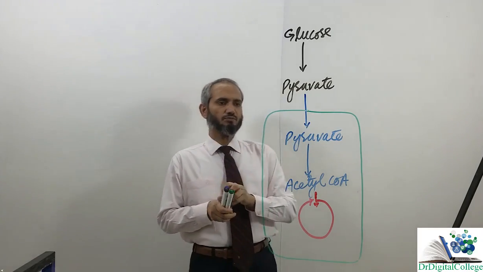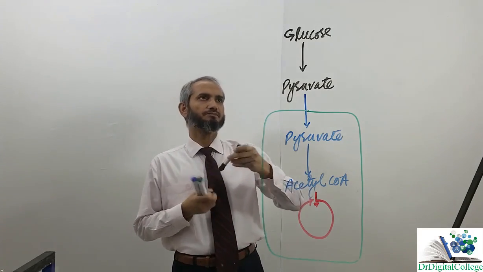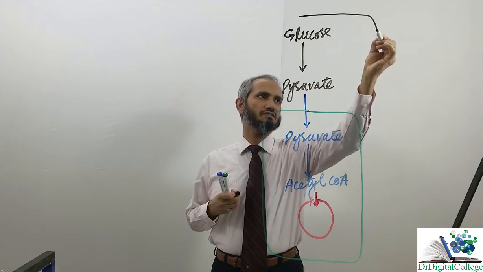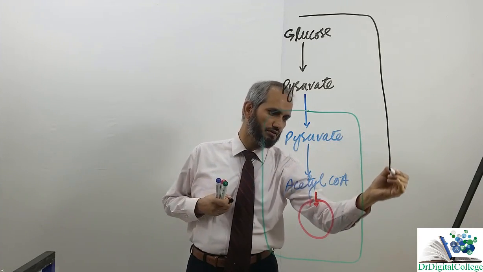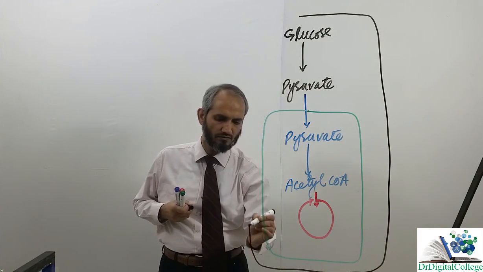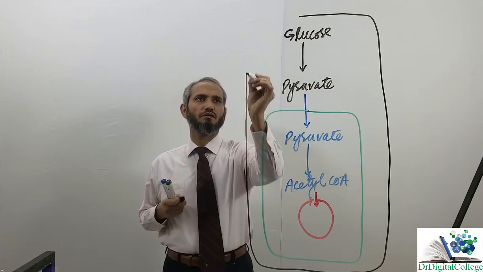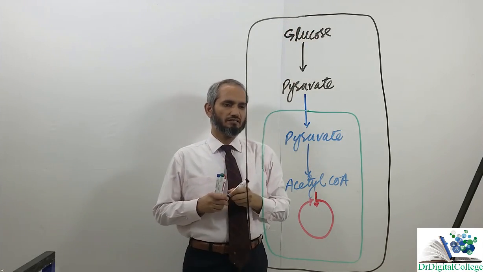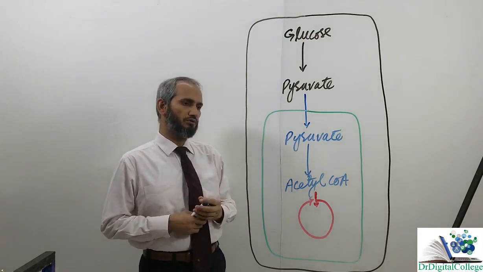While this process is occurring in the cytoplasm of the cell. Here I am representing the bigger box as the cell and this smaller box as the mitochondria.